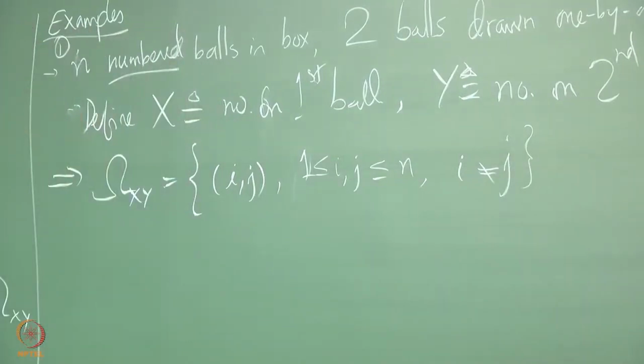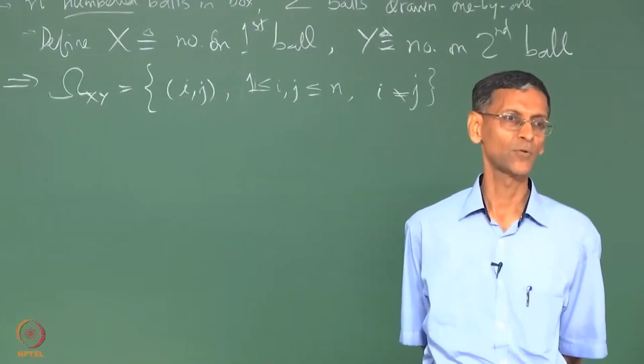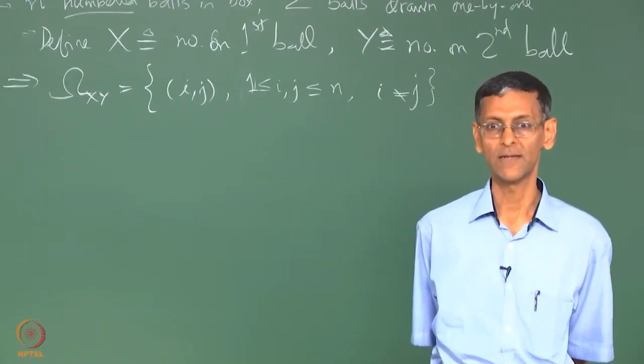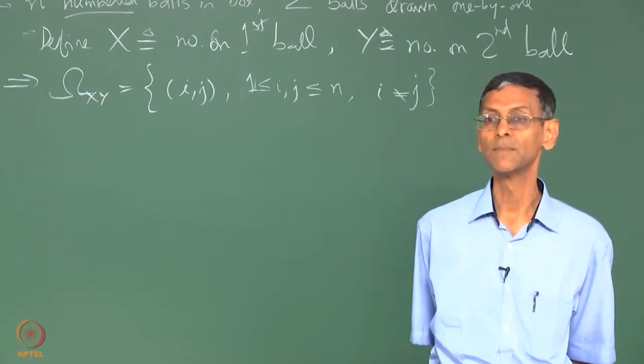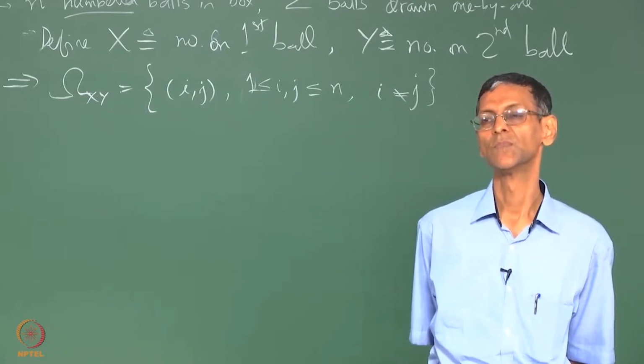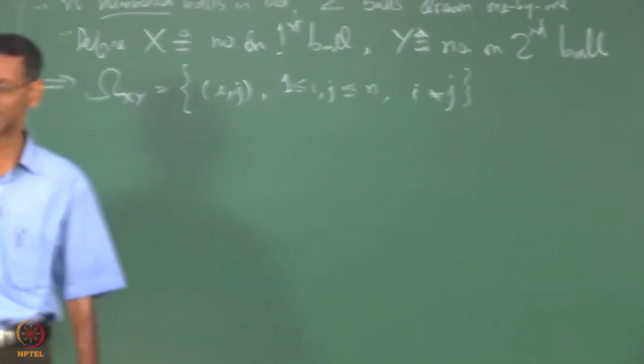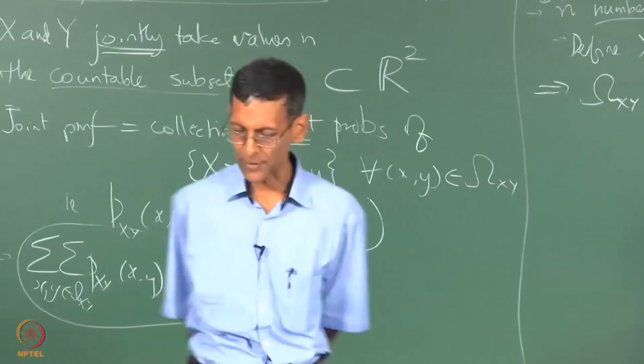Why? Because once you have drawn number i, I do not have that number again to draw. So j cannot be equal to i. Okay, so what is the probability of this?